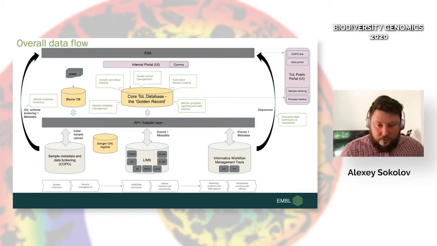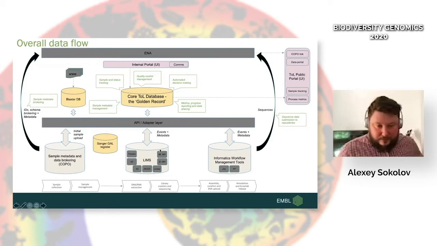This is an overall representation schema of data flow. It's quite complex. It has three major steps where we collect information. So the first one is sample collection itself. We collect metadata about biosamples that will be submitted to ENA and BioSamples.